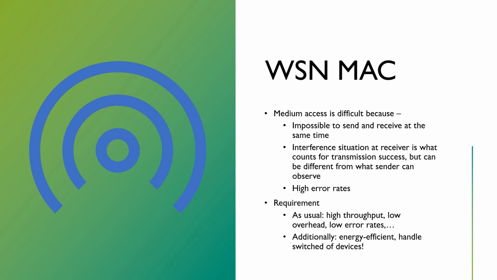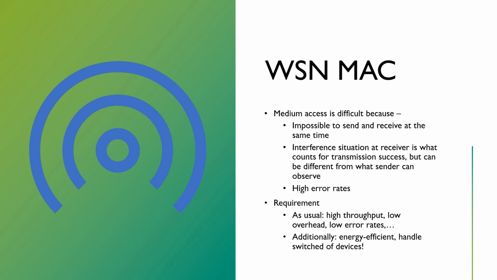The most important thing here is that in wireless sensor networks, the strictest constraint is energy efficiency, because in most cases you cannot replace the batteries, and you cannot fix the networks either. So the nodes have to be self-organizing, and their battery life needs to be conserved in the strictest way possible.